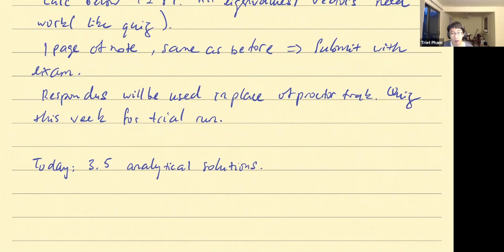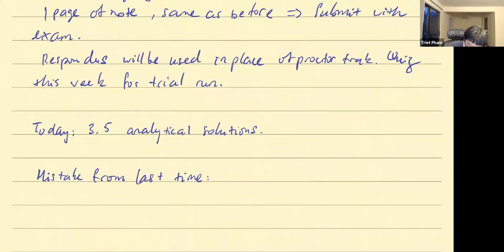And for that, I would like to revisit what we did last time and highlight my mistake again. So let's take one example: y prime equals the matrix [-2, 1; 0, -2] times y, okay?